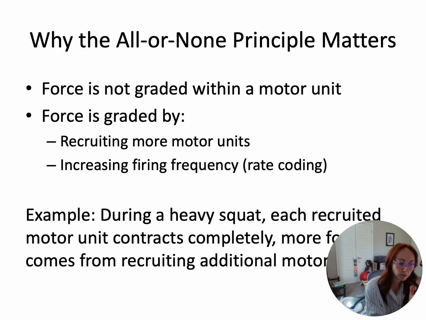So for example, the bicep is estimated to have anywhere from 700 to 800 motor units. And so with your body's ability to stimulate more of those motor units, you can generate more force in the bicep muscle. And so that comes with training.